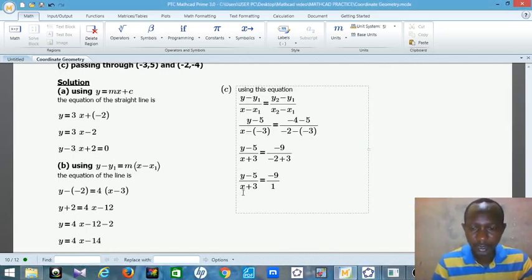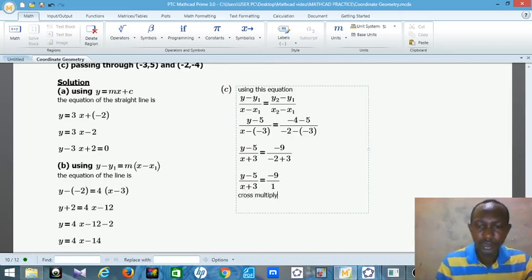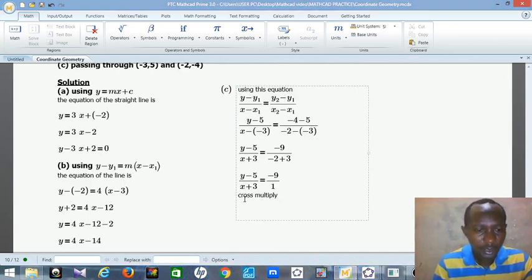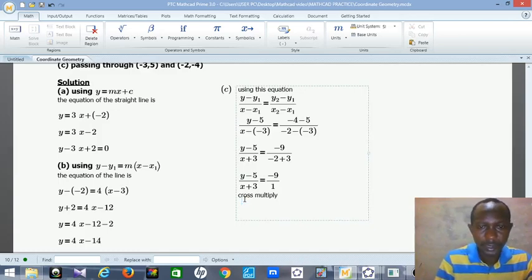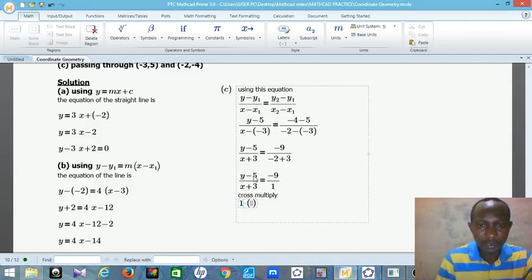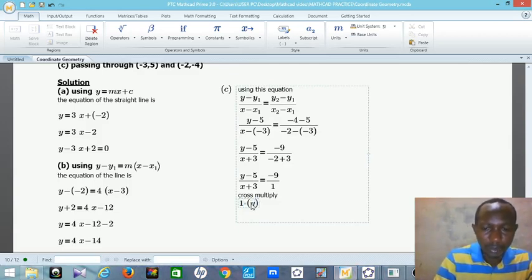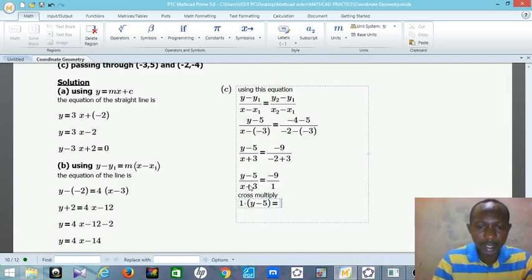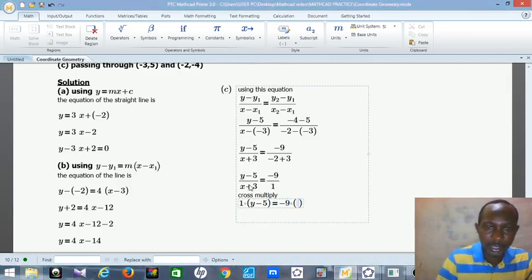So when I cross multiply now, just take note. You open bracket first, because this 1 comes out here. 1 will multiply the numerator, that's cross multiply. 1 times (y minus 5), so 1 is going to be outside the bracket, then y minus 5 is going to be inside the bracket, equals to the minus 9 multiplying x plus 3.